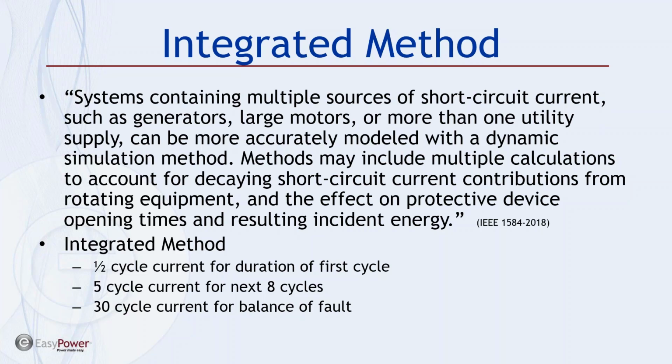These methods may include multiple calculations to account for decaying short circuit current, current contributions from rotating equipment, and the effect on protective device opening times and the resultant incident energy.